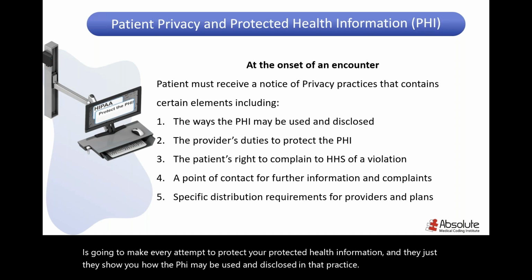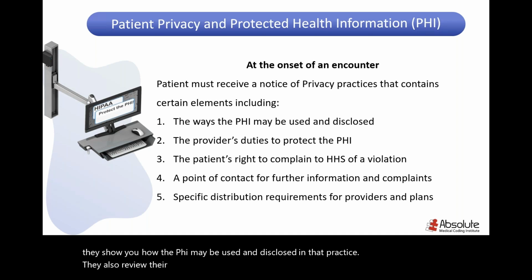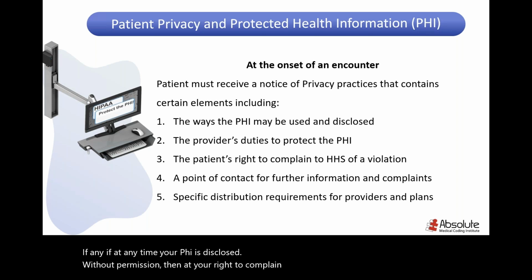They also review their duties to protect your PHI. Also, if at any time your PHI is disclosed without permission, then it's your right to complain to the Department of Health and Human Services. And that's what number 3 is. It says that you can file a complaint.